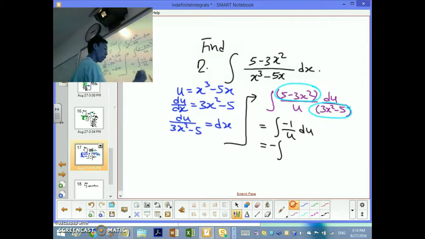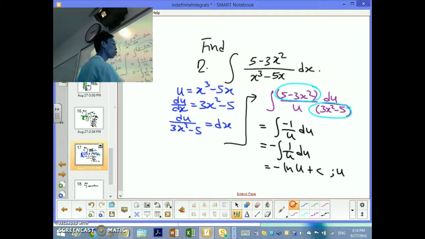And that means this is negative natural log of u plus c, where u here has to be larger than 0 for you to have an answer. So the answer to this will be negative ln of x cubed minus 5x plus c, for the function x cubed minus 5x to be larger than 0.